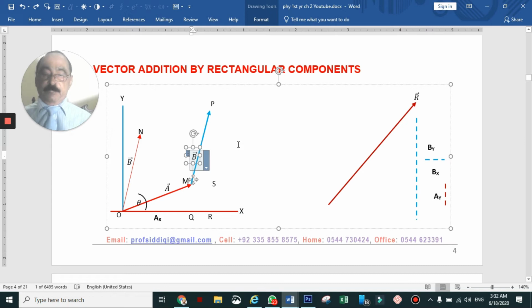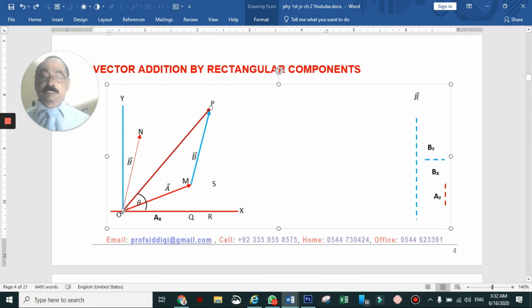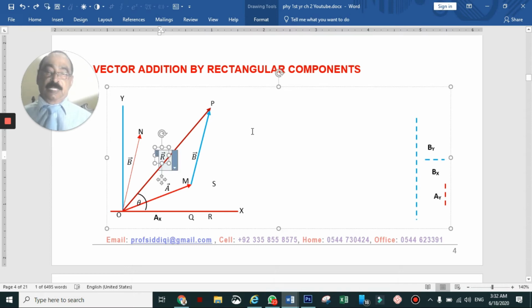Now finally what we do, we can join this O to P. This would be the resultant of the addition of the two vectors. Join O to P, this is O to P, and this is the resultant of the two vectors. Now R vector can be given to this.